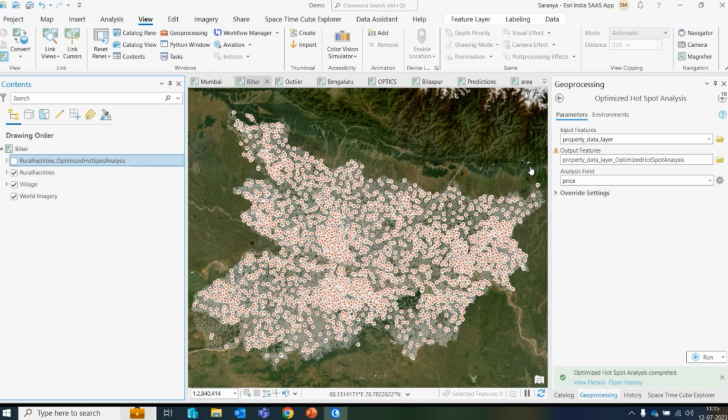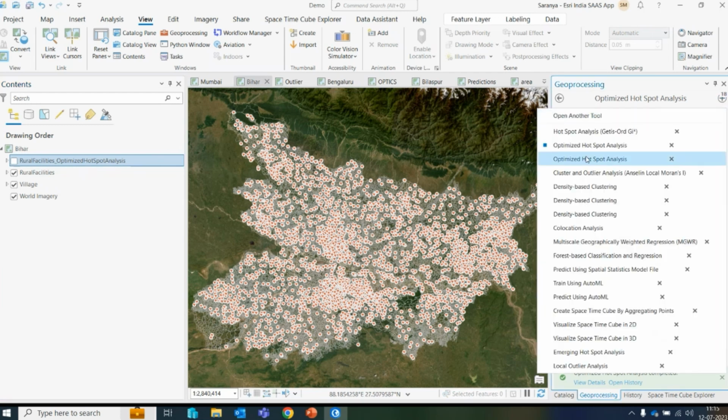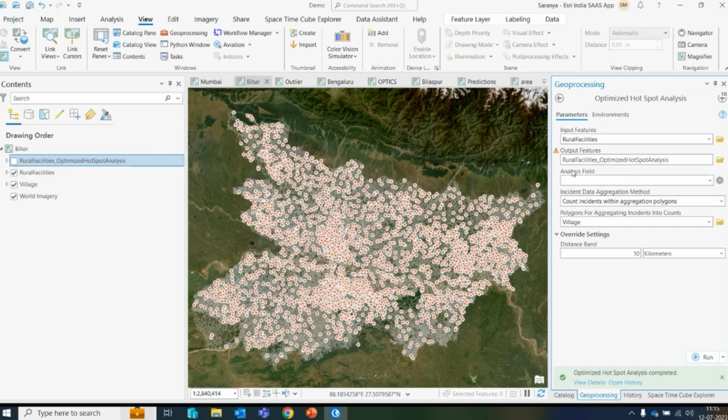If I want to identify whether there are any regions which have very poor medical infrastructure, then I can quickly do a hotspot analysis. And here, instead of the value field, I will be using the counts because I'm interested in the count of infrastructure. The optimized hotspot analysis tool lets you do this aggregation on the fly.